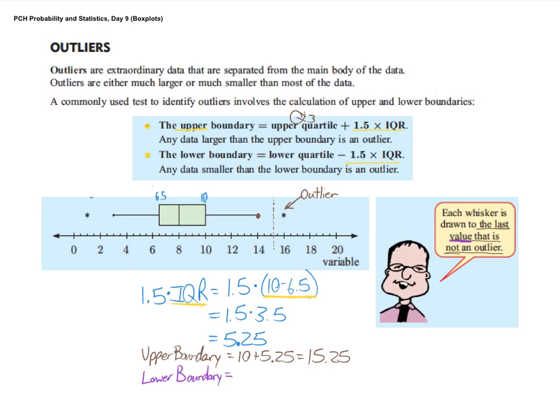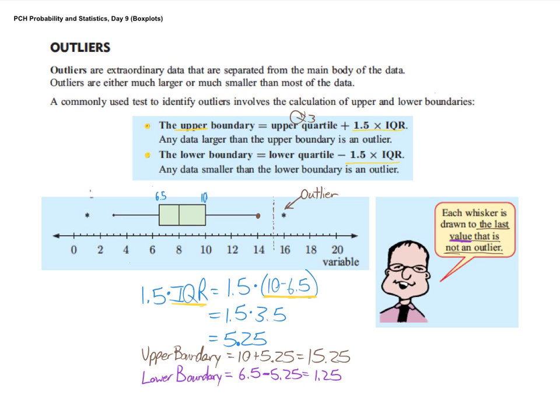Okay. On the lower end, it takes some getting used to. It's kind of the same idea, but we're going from Q1. Q1 was 6.5. So now we're going to subtract 5.25, and we get 1.25. What that means is the lowest score we can get without being an outlier would be 1.25.